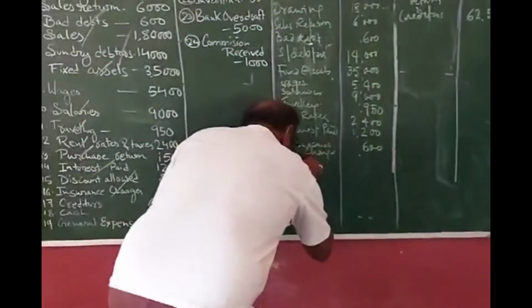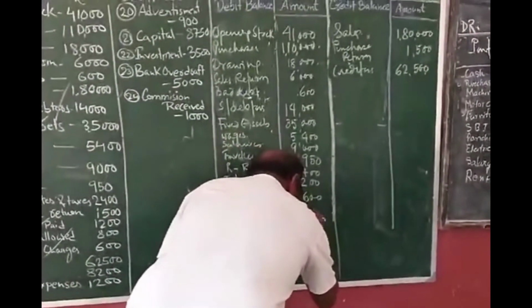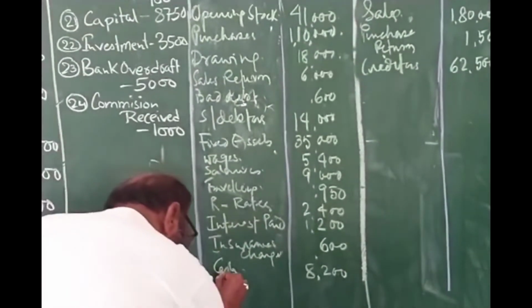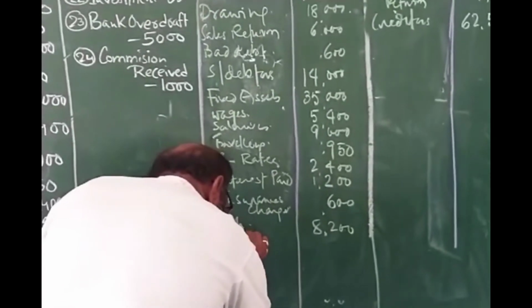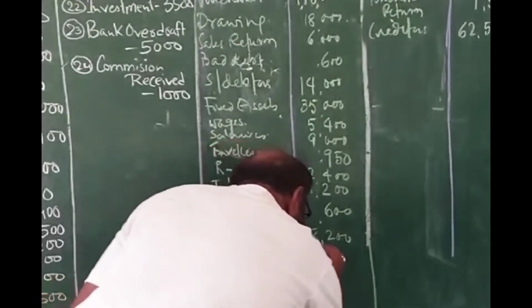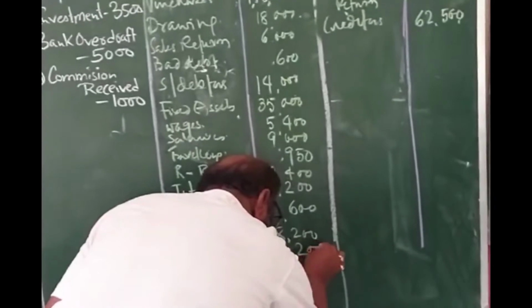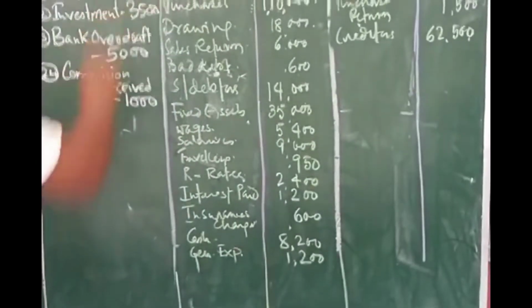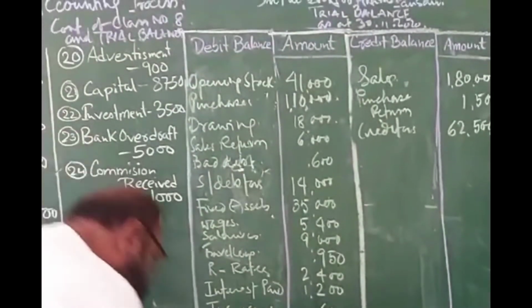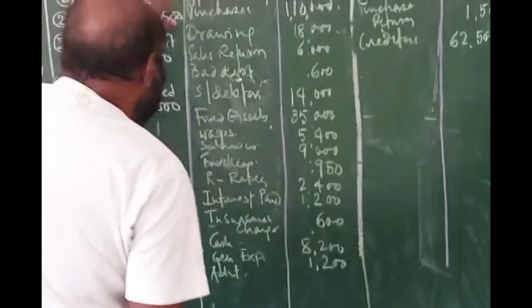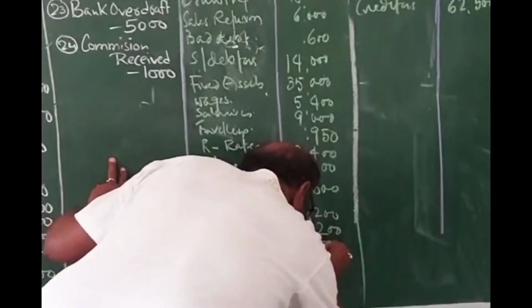Now cash. Cash is your asset. So cash is debit. How much? 8,200. And here general expenses. It is also an expense. 1,000. Okay. Now here is another item, advertisement. Advertisement is your expense. So ADVT. I am writing ADVT for advertisement. How much? 900.